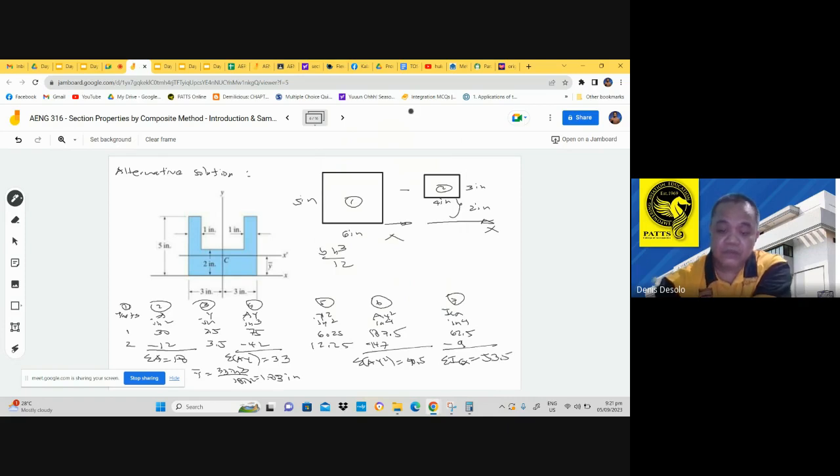So for the transfer formula, we use the summation of the I sub x, 53.5, plus the summation of the area and y squared, 40.5. So we will get 94. So I think at this point we get the same.